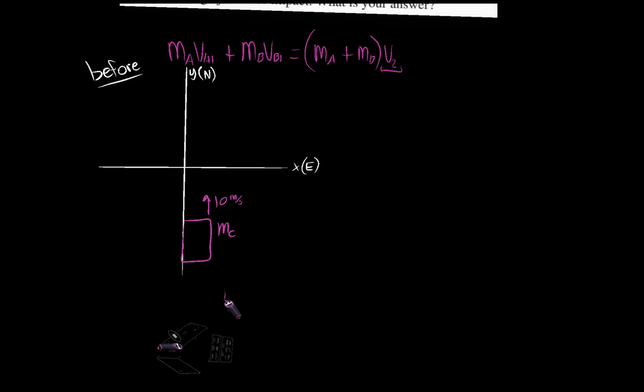I'll go with C and T for car and truck. So v_C1, the initial velocity of the car, is equal to 10 meters per second, this direction, and m_C is 1,000 kilograms.